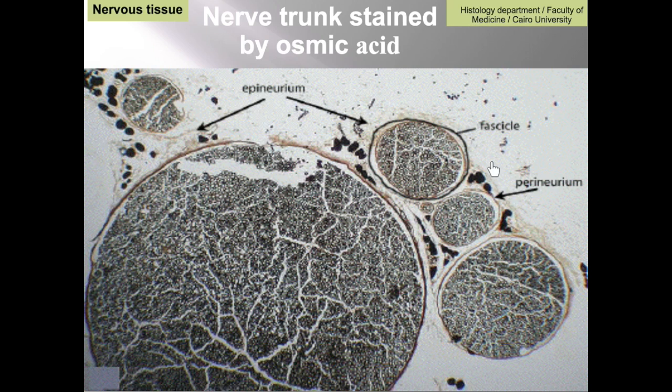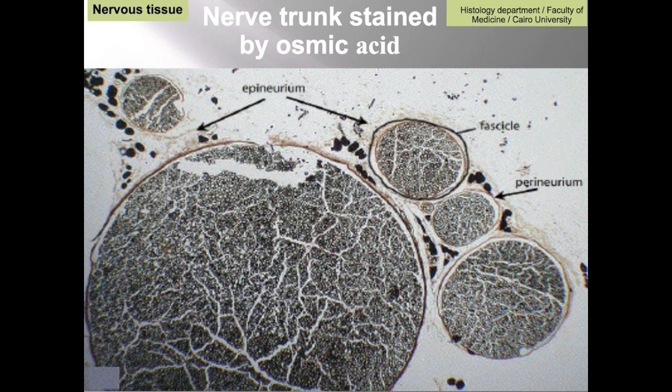The surrounding connective tissue covering the whole bundles is called the epineurium, and the connective tissue surrounding the bundles itself is called the perineurium. The connective tissue in between the nerve fibers is the endoneurium.